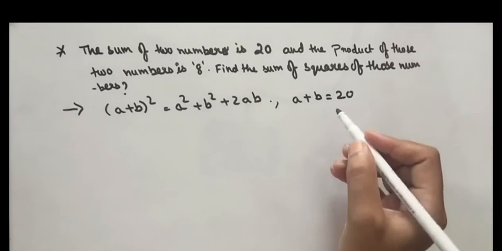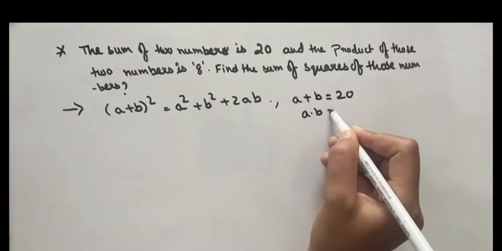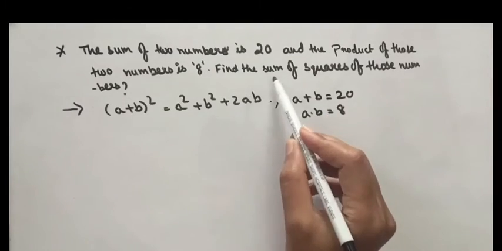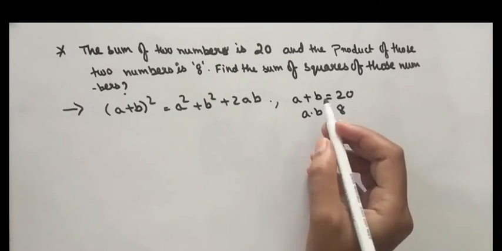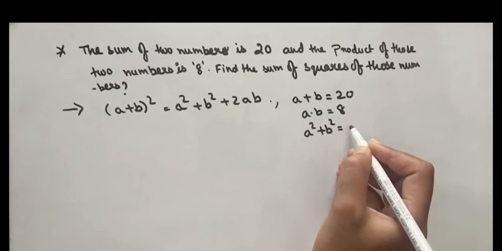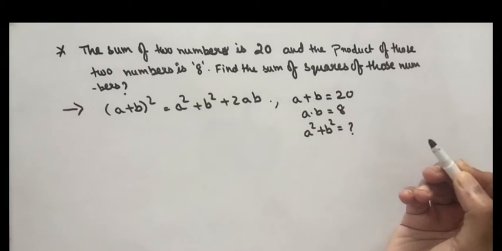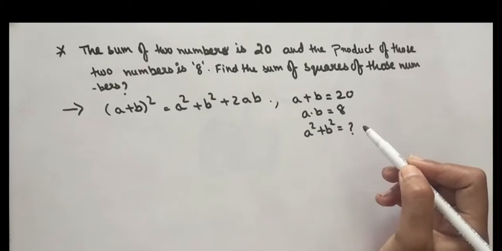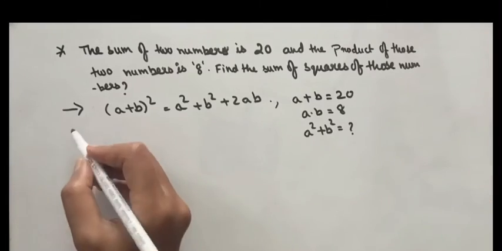Product of those two numbers is 8. Means A into B is 8. Now, what we have to find out? Sum of squares of those two numbers means A square plus B square equals to question mark.